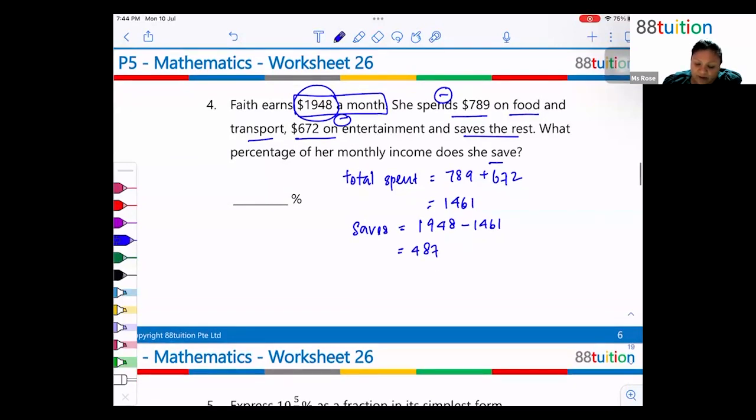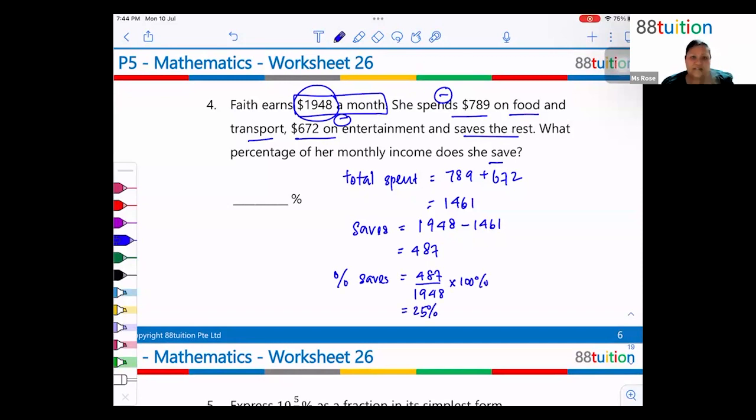So to find the percentage that she saves would be 487 over her total income or amount earned monthly, times 100%, to give me 25%.